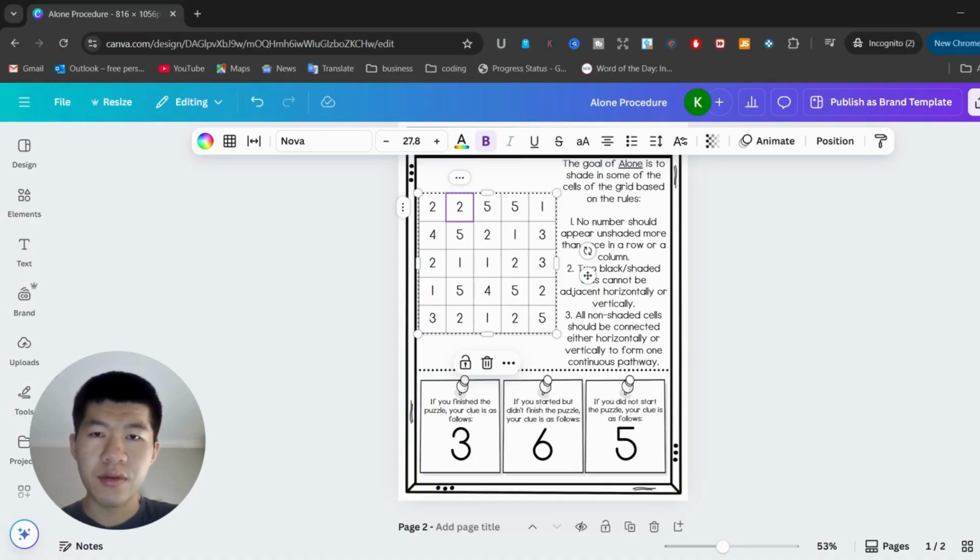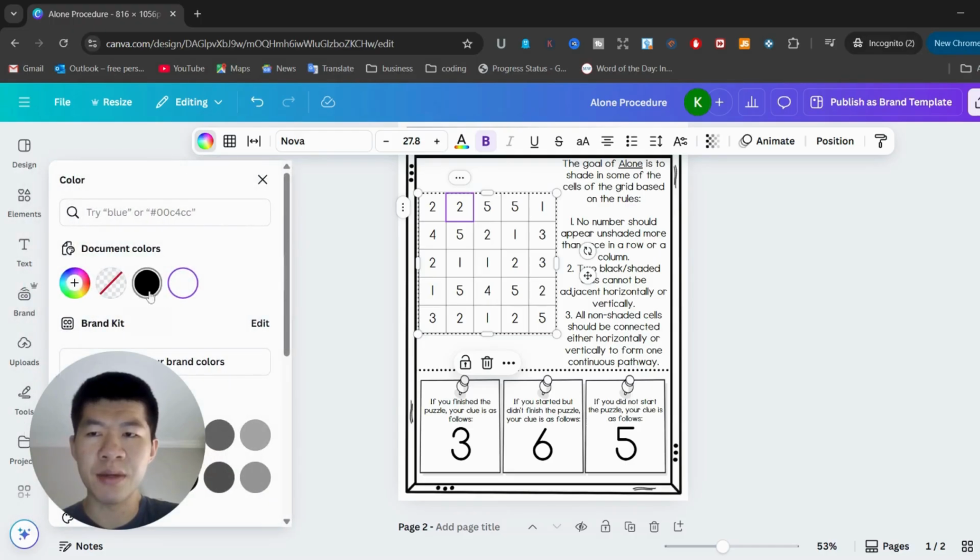So which two should I shade in? Well, you could start with one, and if you make a mistake later on and figure out you shaded the wrong two, you could always come back and unshade it and then shade the right one. So for now, I'm going to say this two is going to be shaded in. For illustration purposes, I'm just going to change this to black.